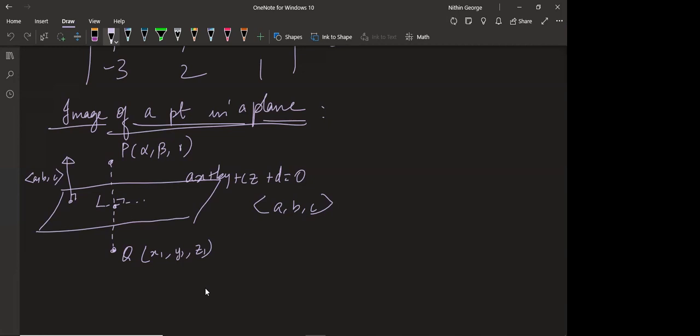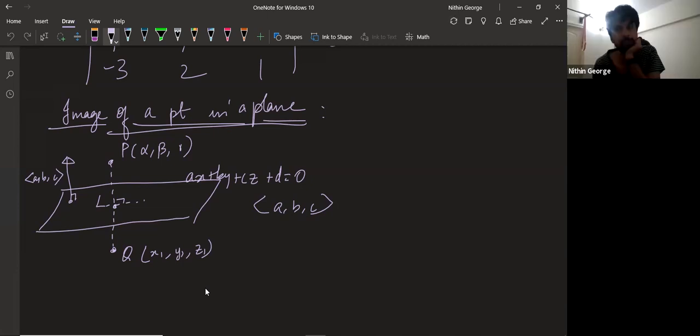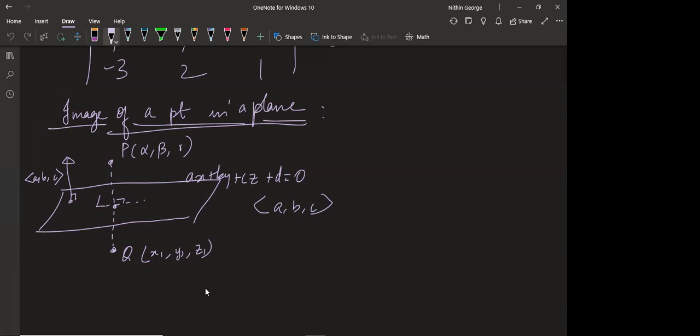So, sir, we can take the intersection of the line and the plane as a point, as x, y, and z or something, and then... What are you looking for finally? Yes, the intersection of that line and this plane.